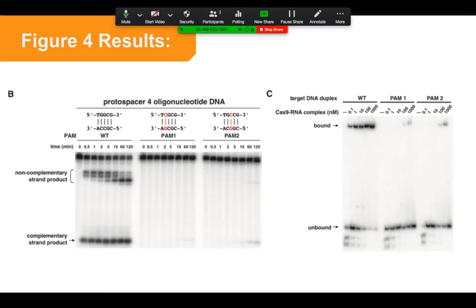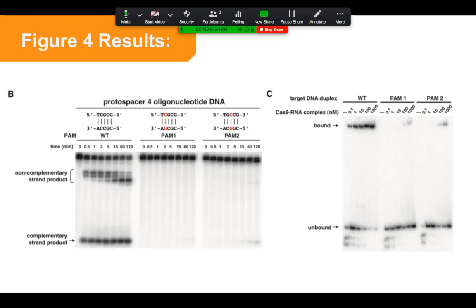And I was mentioning before that there's a specific nucleotide that is necessary for efficient Cas9 DNA cleavage. And in this figure, you can see that it is G. They found that both G nucleotides were required for efficient Cas9 catalyzed DNA cleavage.